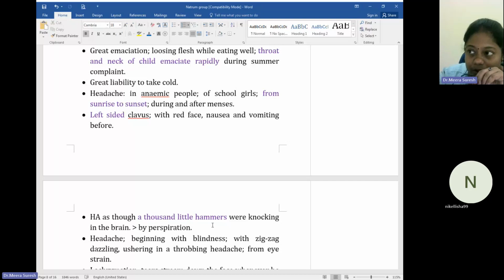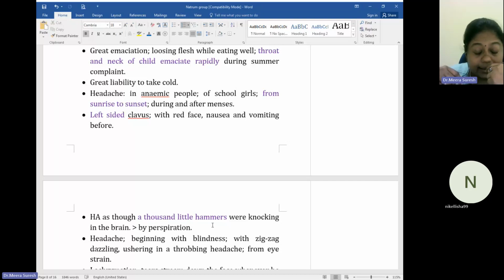That's how we use the hammer. When we are driving a nail, it is not that one strike is nearby and then another strike is somewhere else. It is on the same point we are continuously knocking. So left-sided clavus means that the pain will be continuously on that particular point itself, a pointed one, like a hammer being struck, and that will be left-sided.